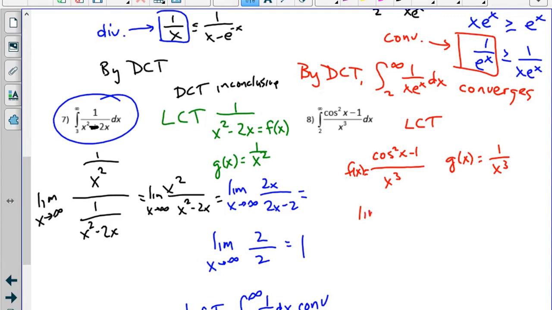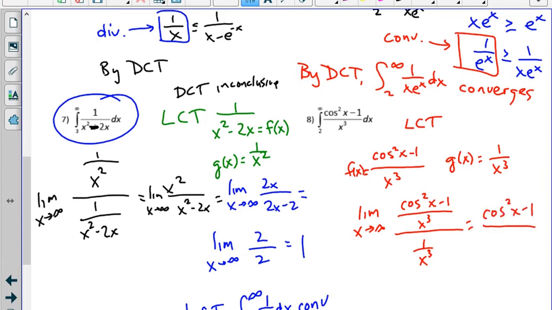So let's do the limit as x approaches infinity of cosine squared x minus 1 over x cubed over 1 over x cubed. That one, just by the laws of fractions, I can say cosine squared of x minus 1 over 1. So I don't even really have to do anything with that.